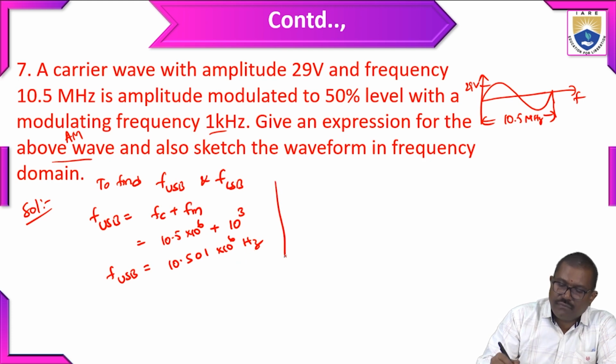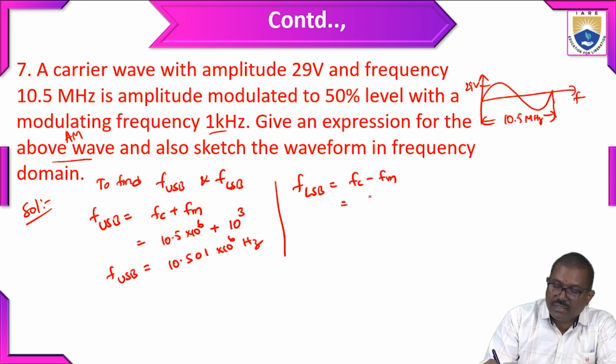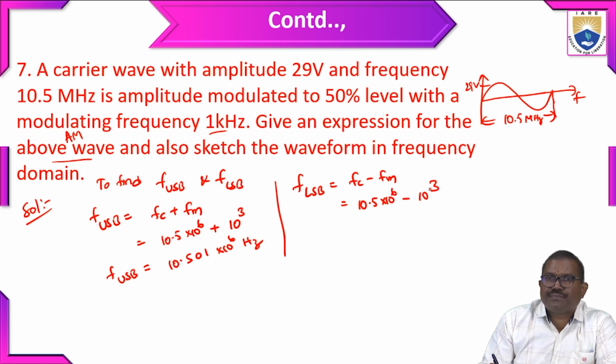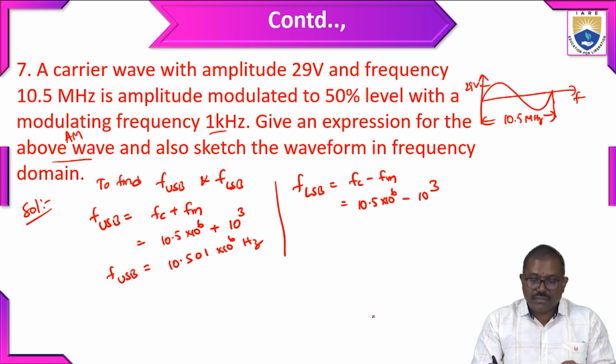And for FLSB, that is equal to FC minus FM, that is equal to 10.5 into 10 power 6 minus 10 cube. Here you subtract.